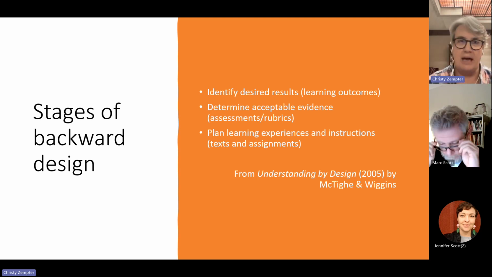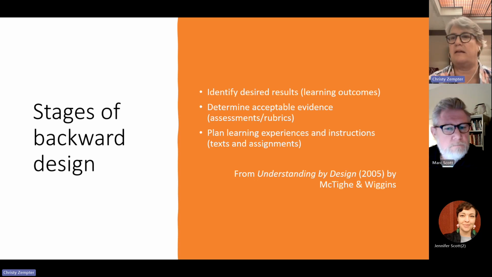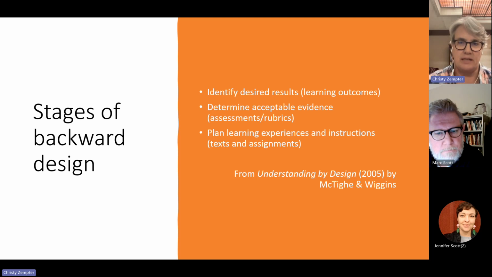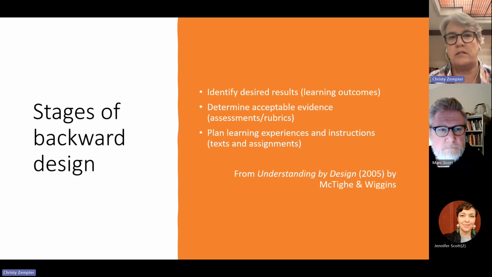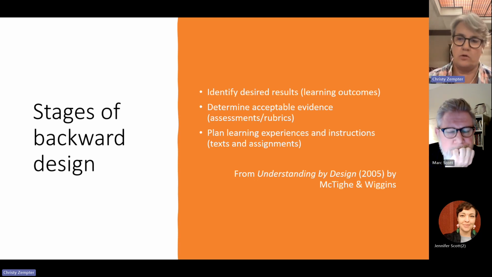So instead of the things that historically folks maybe started with, like this is the textbook I'm going to use, these are the assignments that I'm going to use in this class, we get to that at the end once we have gone through this backward design process of first identifying what the outcomes are that we want to achieve, how then we're going to gauge whether or not those outcomes have been met, and then based on all that foundational knowledge, then we start thinking about what texts, what activities or assignments are going to get our students to the point where they can create an artifact that is going to allow us to gauge whether or not they've achieved the things that we want them to achieve in the course of the class.